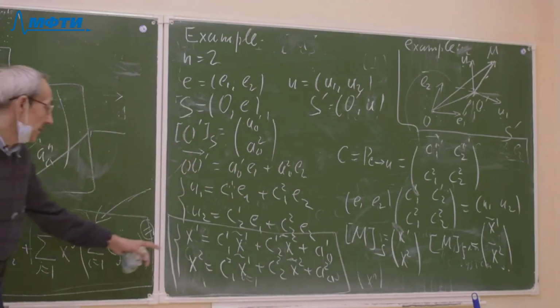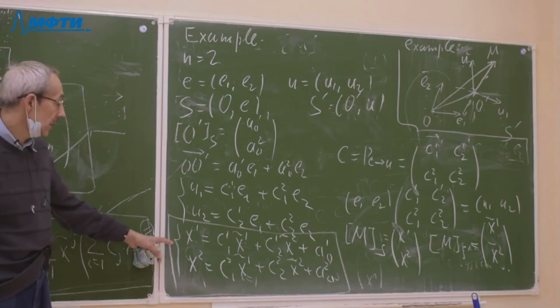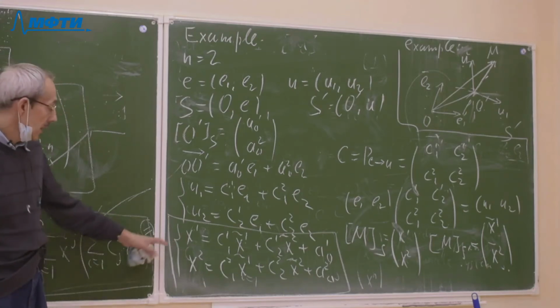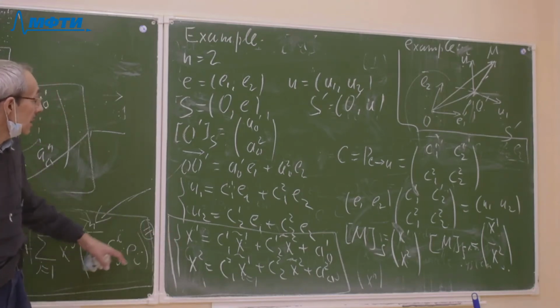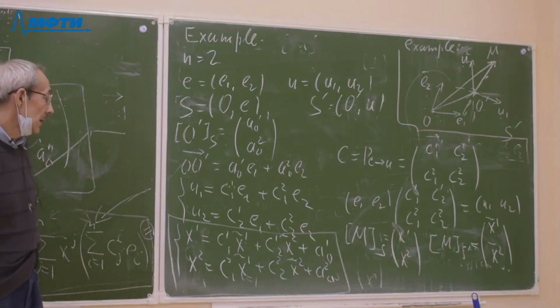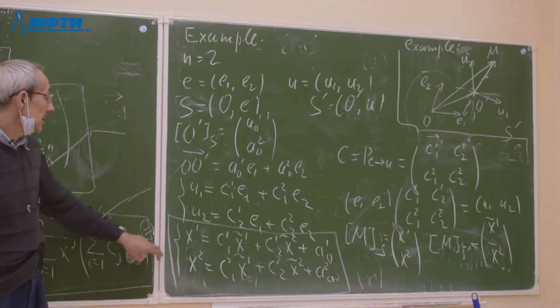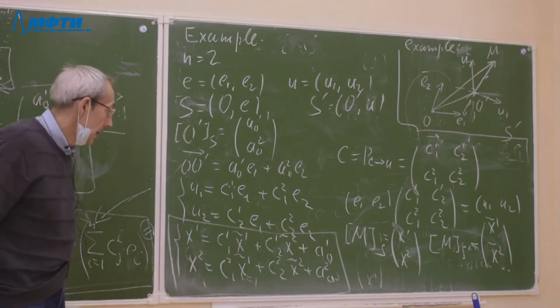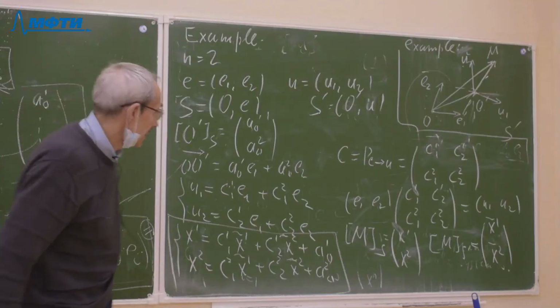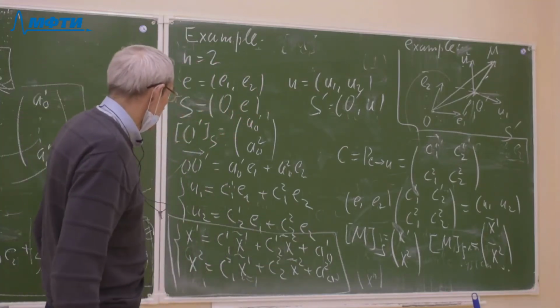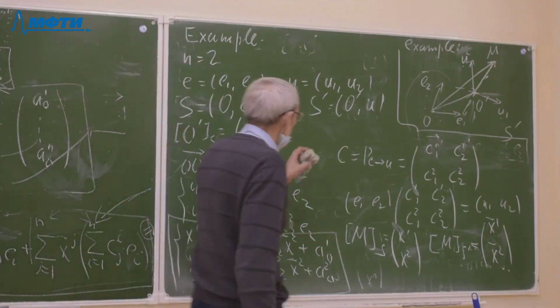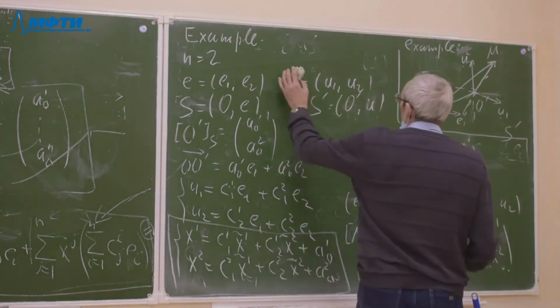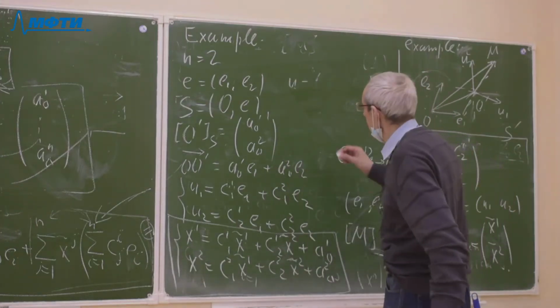In the case of the plane, we obtain the following enough simple formulas which relate the coordinates in the old coordinate system to the coordinates of the point in the new coordinate system. The following formulas. And in the matrix form, this formula can be written in the following simple form.